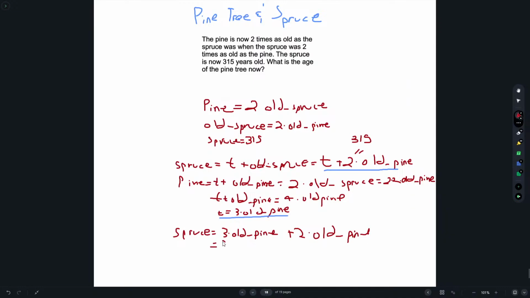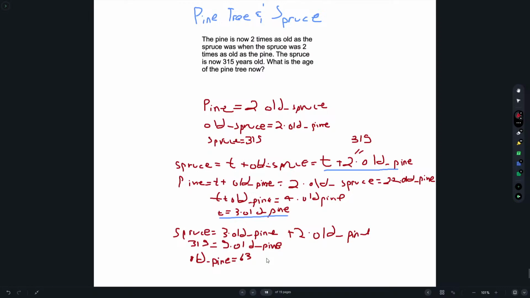Which means this is 5 times old pine is 315. So let's divide 315 by 5. So old pine is equal to 63.